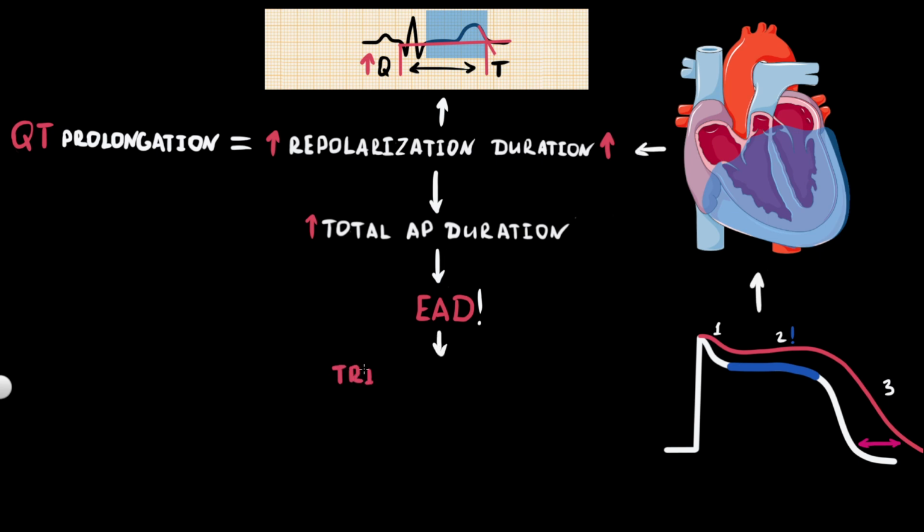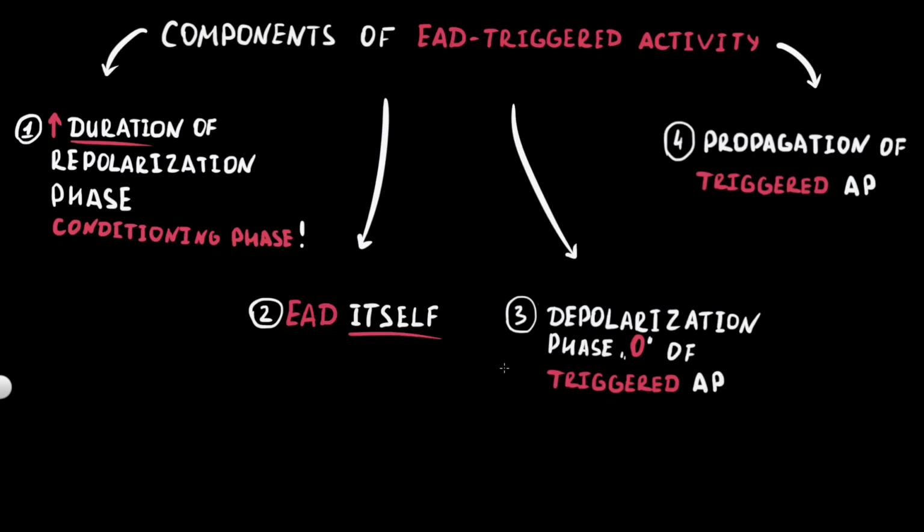This leads to long QT syndromes that are the most common clinical abnormalities, likely to be associated with the early afterdepolarization triggered arrhythmias. The second component of early afterdepolarization triggered activity is early afterdepolarization itself.